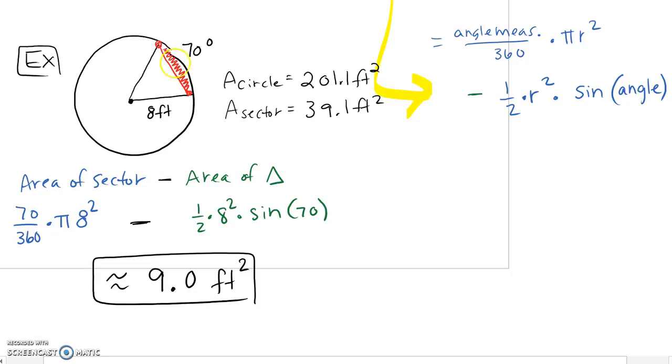So you can see the 9 square feet is just this little tiny red part of the circle. The whole circle is like over 200. The sector, the pie piece, is around 40. And of that 40, I should say 39, 9 of that is that little tiny segment.